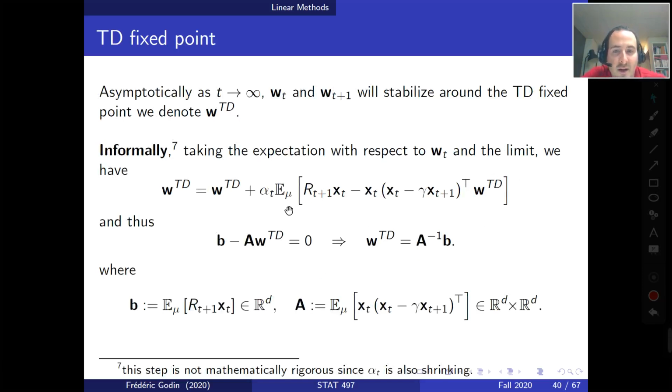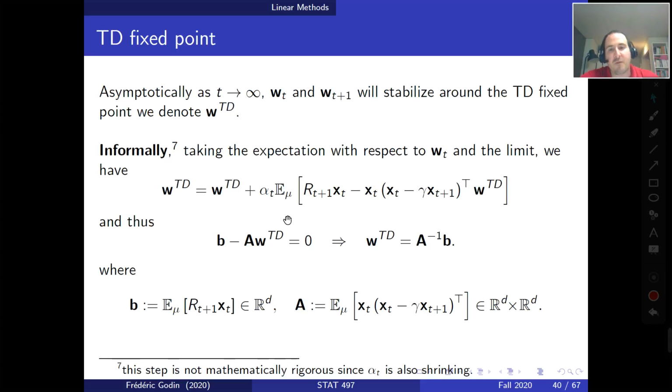And here, instead of just taking that term, we're going to take an expectation over the on-policy distribution, because on average, over the long run, we're going to face this term in proportions given by the frequency with which we spend time in each of the various states. Okay, so asymptotically, we should obtain something like that.